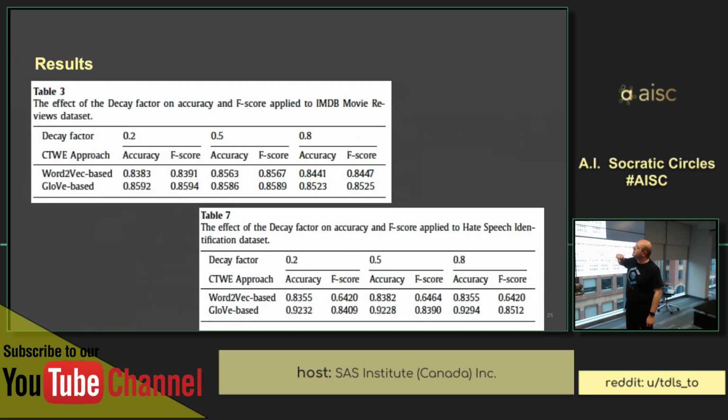The other study was on the value of the decay factor. You can see that for the IMDb movie review, a decay factor equal to 0.5 reached the best result in comparison to 0.2 and 0.8, which means that taking the regular average works better than the weighted average for this data set.